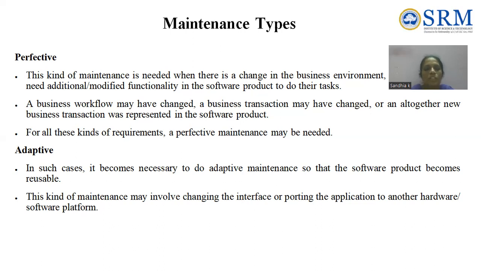Software is a model that runs on the basis of the real world. So whenever a change is required in the software, that has to be incorporated immediately with the help of software maintenance.